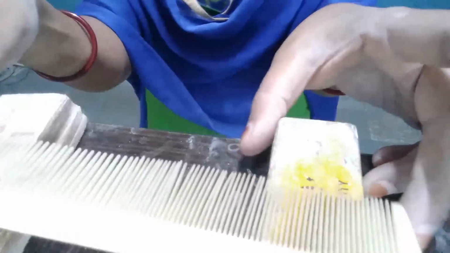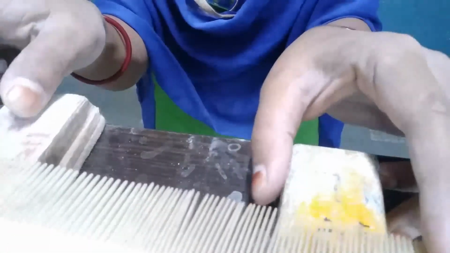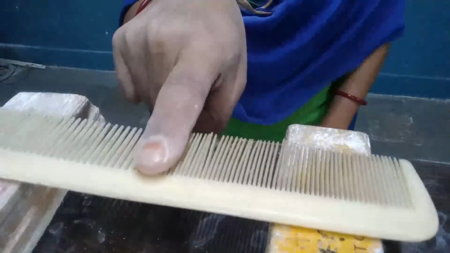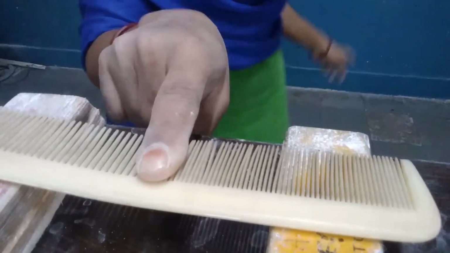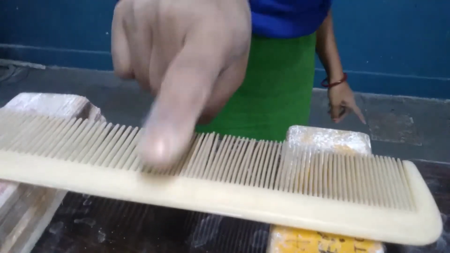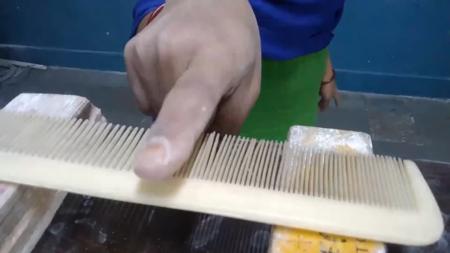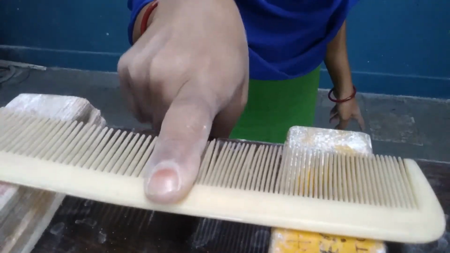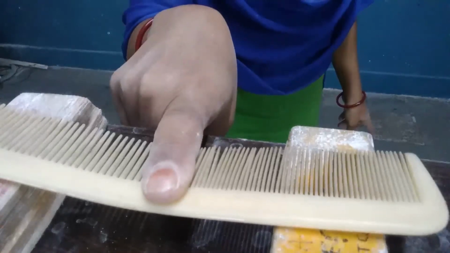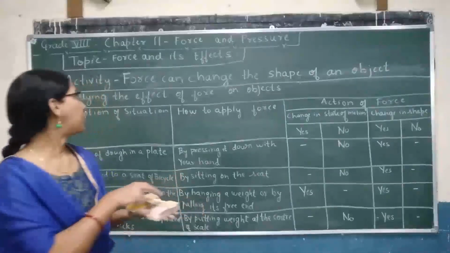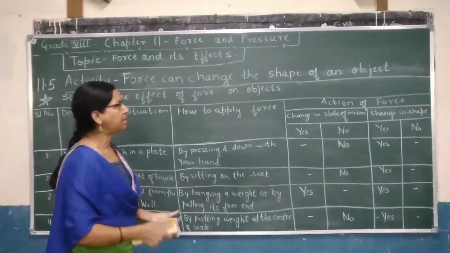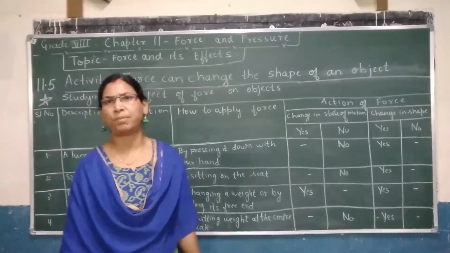Then, I am trying to apply some force on it. Is there any change in motion? No, there is no change in motion. But there is a change in shape of the comb. So, dear children, from these experiments, we understood that force can change the shape of an object.